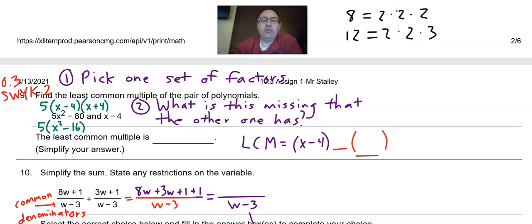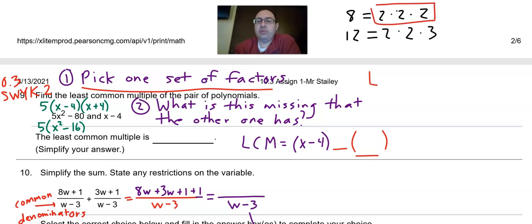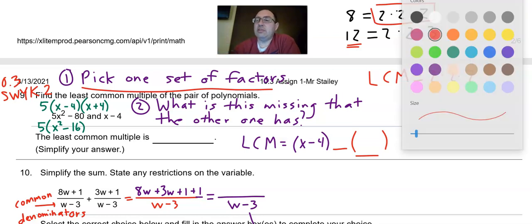If we follow my steps written here, step 1, pick one set of factors. It didn't matter which one you picked. Let's say you started with 8. So you're building your least common multiple: 2 times 2 times 2. Then you went to the other factors, in this case there's only one set, and said to yourself, inside of the 12, what does the 12 have that I am missing?